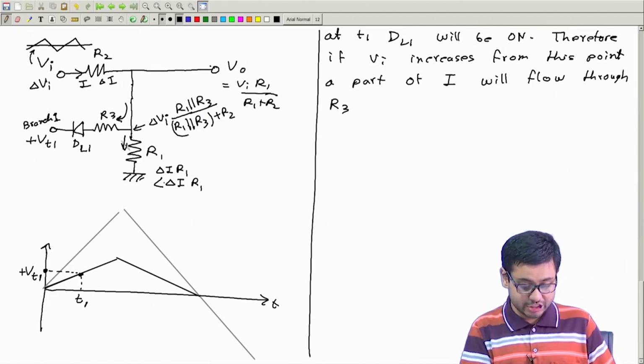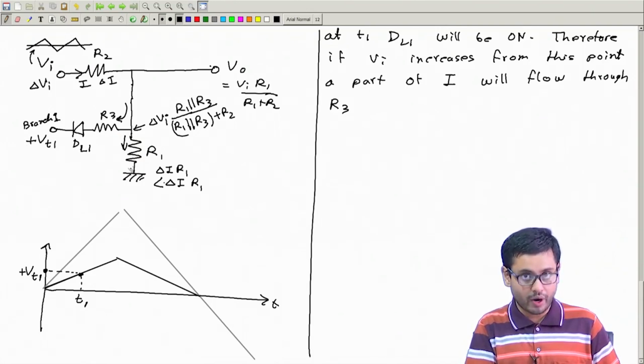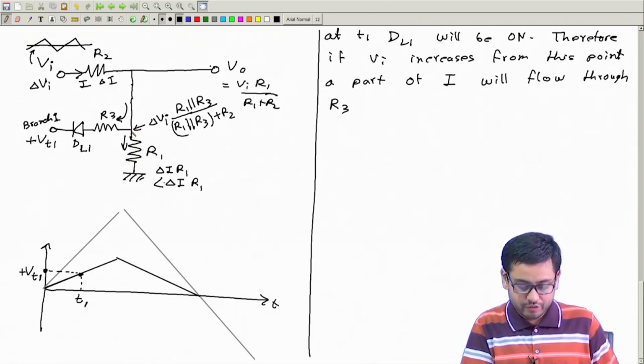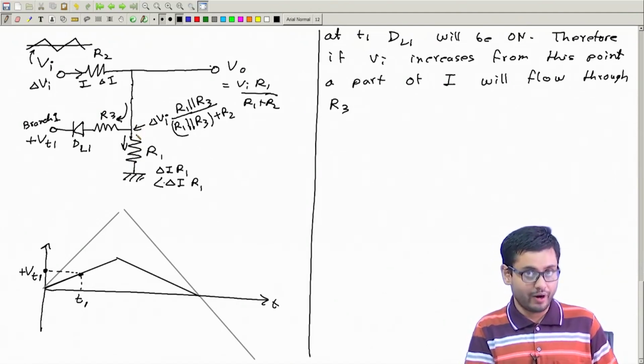So you see these two resistances are in parallel, and therefore the effective resistance is lower, because two resistances in parallel is a lower resistance equivalently. So this resistance is now lower. Therefore the fraction of the voltage that comes here will now be lower.